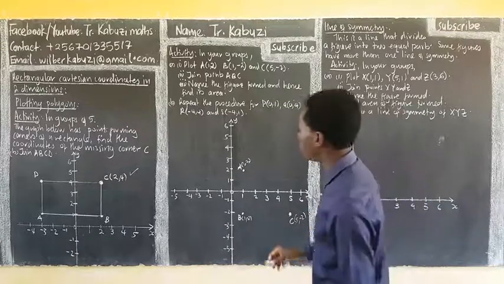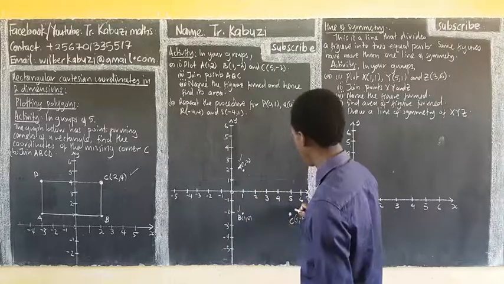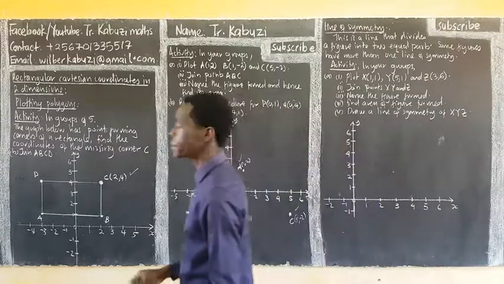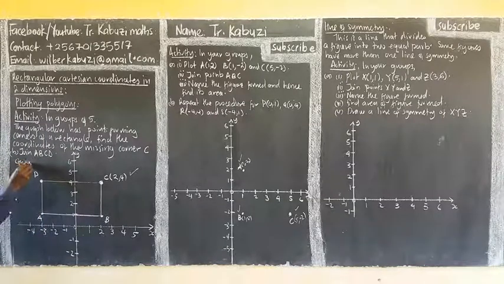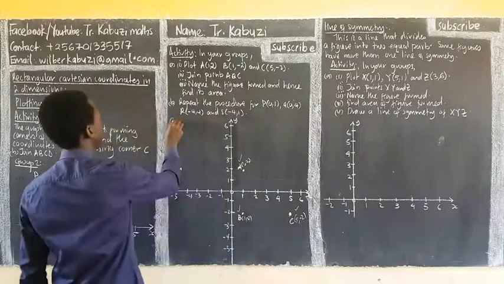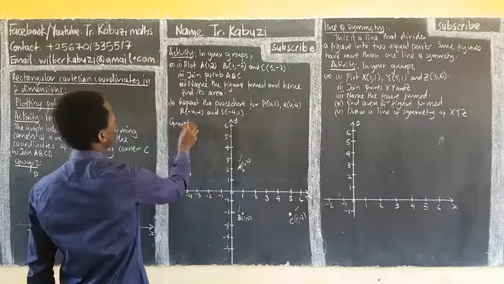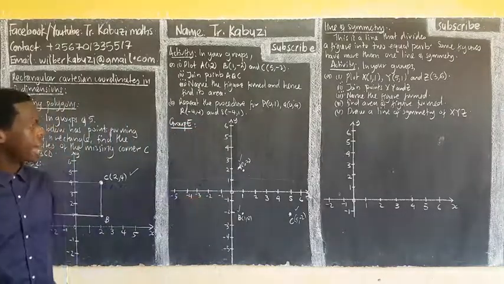If you have this, you give a tick, a tick, and a tick here. So this was group E.